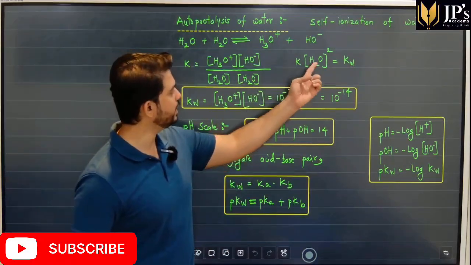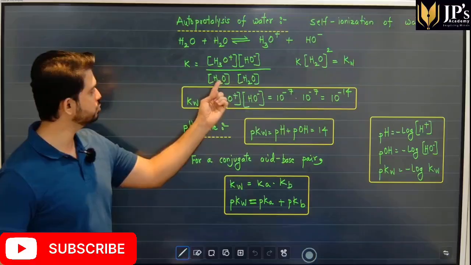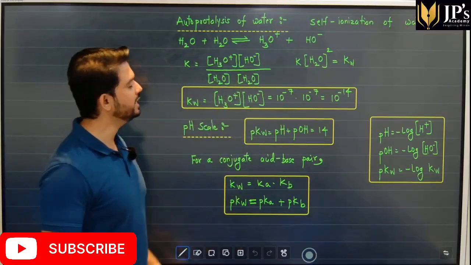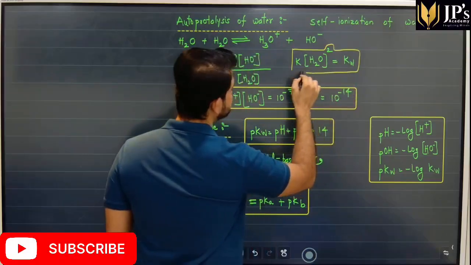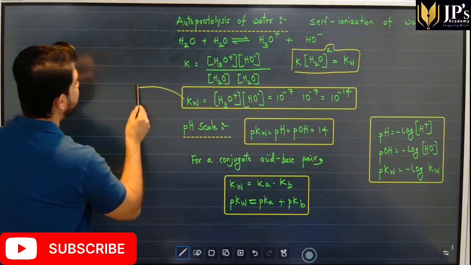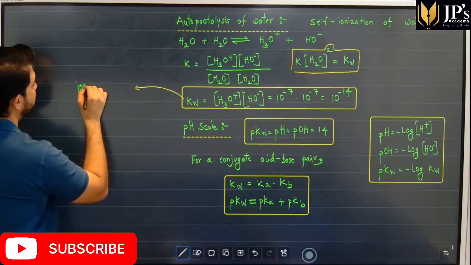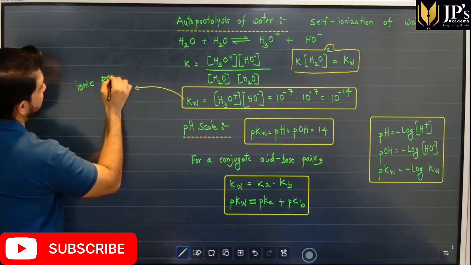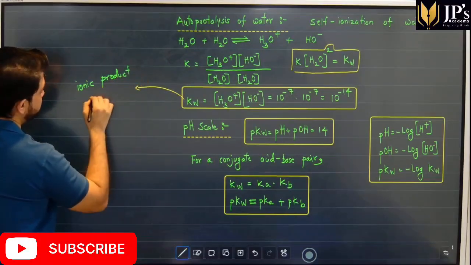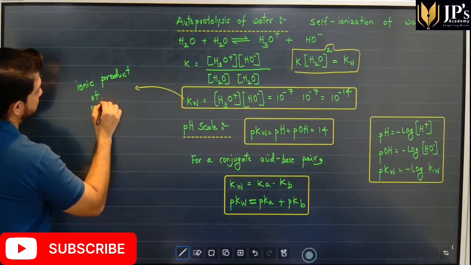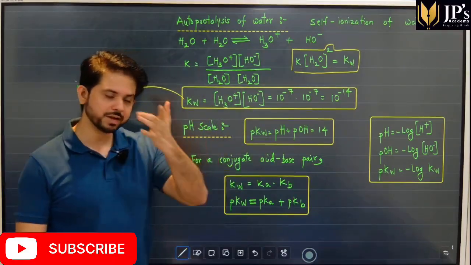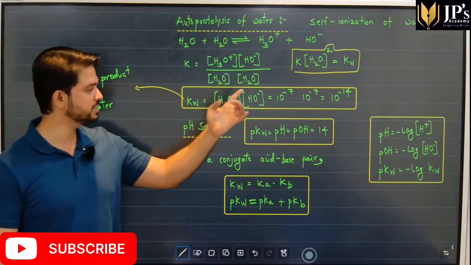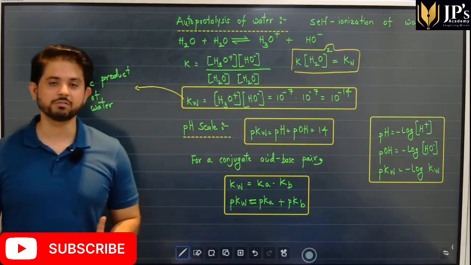So K into H2O square, if I take the H2O into H2O to the left, all that can be replaced by one constant, which is Kw, and Kw stands for the ionic product of water. I repeat, Kw stands for the ionic product of water, which is the concentration of H plus into OH minus, which at 298 Kelvin, students, is equal to 10 to the power minus 14.